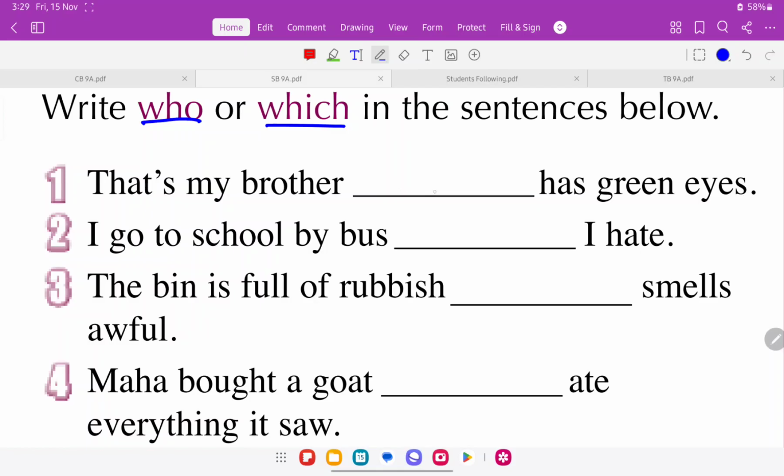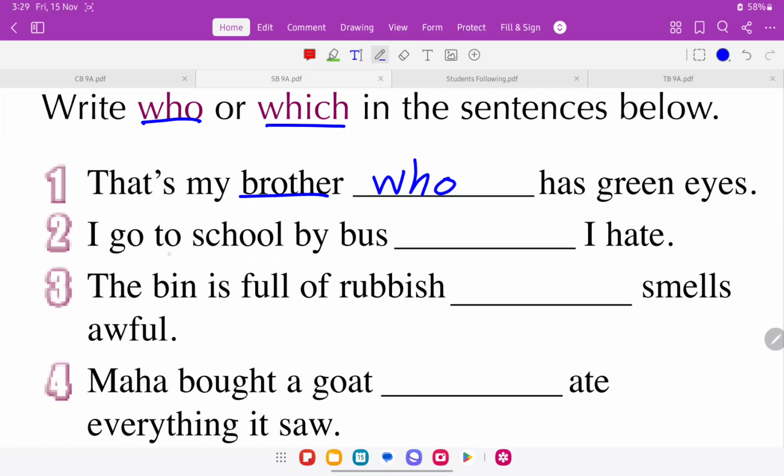So we have to add one of these relative pronouns. We have brother. If you are talking about your brother, you are talking about a person. You are not talking about a thing. So the correct answer is: That's my brother who has green eyes.